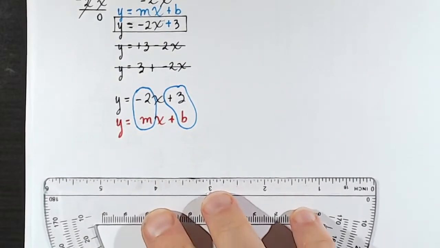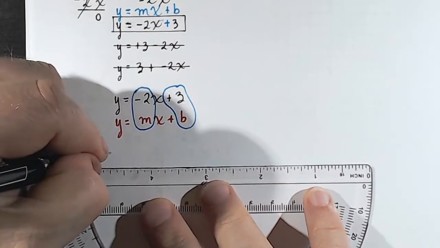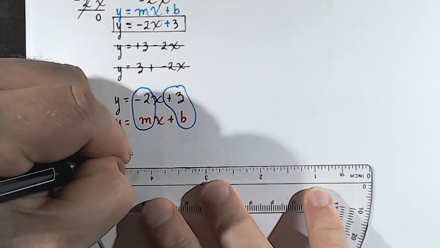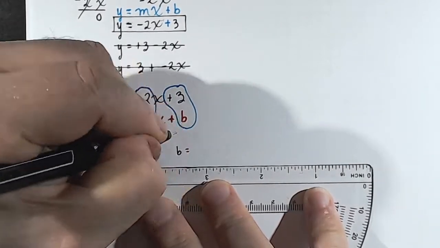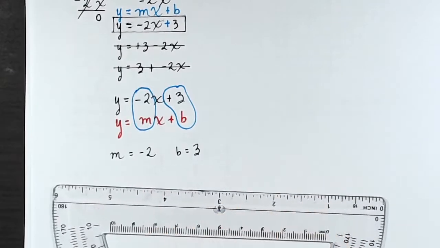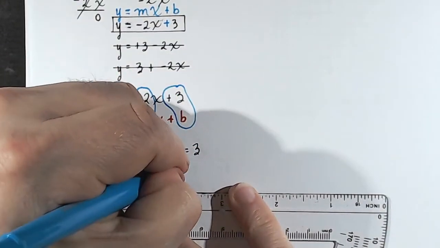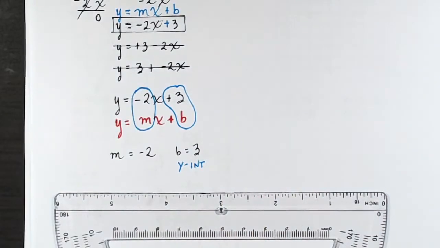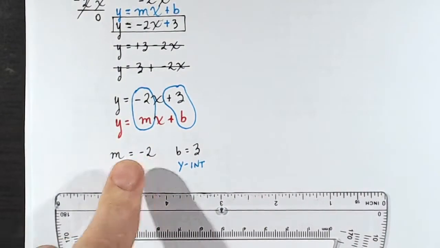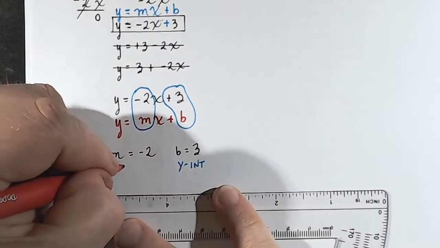All right? So let's write m equals negative 2 and b equals 3. Now this b is the y-intercept. So 3 is the y-intercept. Okay, and this negative 2, this is the slope.